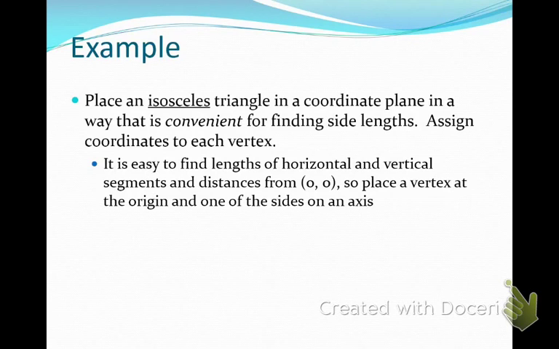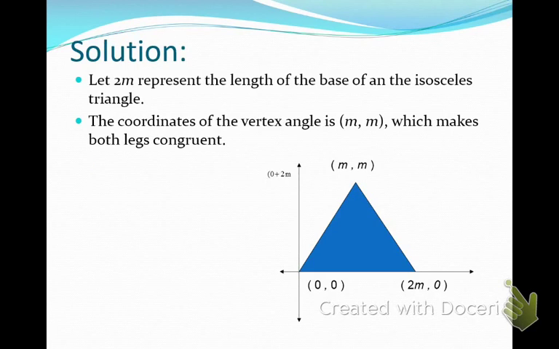We want to place the triangle in the coordinate plane in a convenient way so that we can refer to different segments. To do that, you always put one vertex at 0, 0, and then you try to make another one of the sides of your shape lie along the x-axis or y-axis. What that looks like is this.